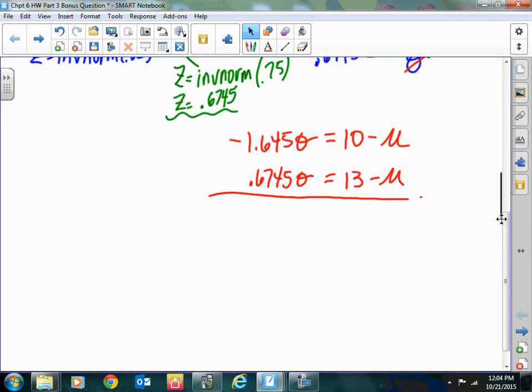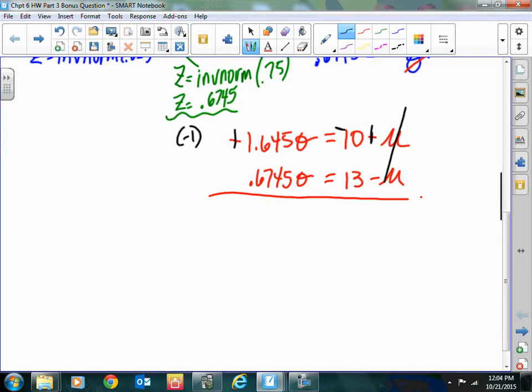What process would you like to use to solve that? I see these two means being right there on top of each other and being both just a regular old mean. I see elimination. The problem is that they're both negative, so what are you going to do? Okay. I'm going to multiply this top line by -1 so that I change the signs, and then therefore these guys eliminate.